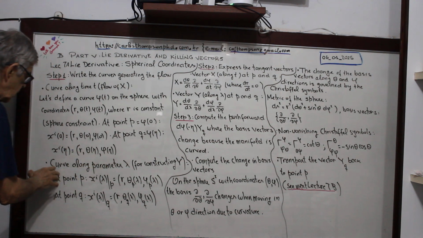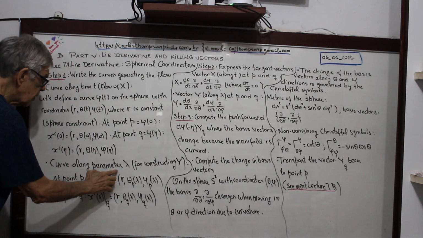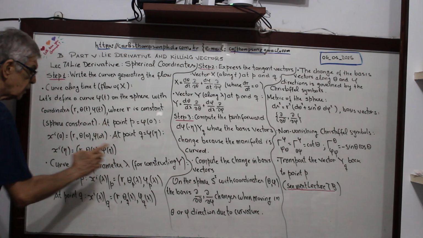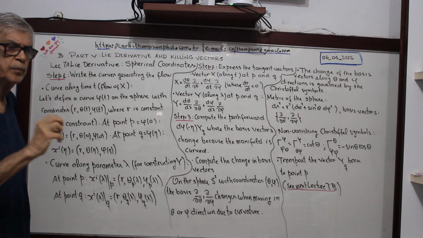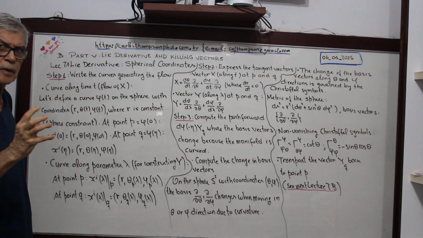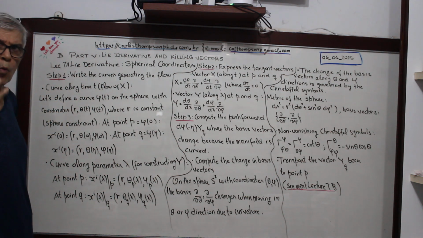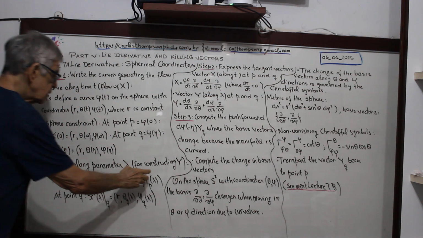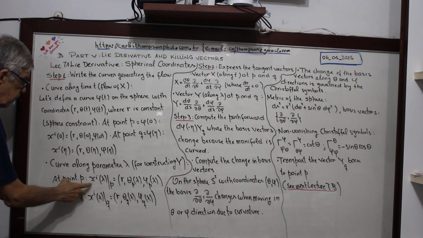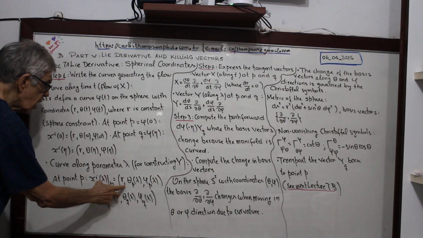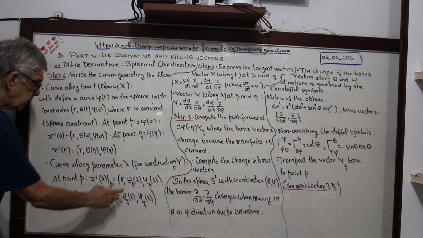So first, the curve along parameter lambda. Do you remember that here we have a parameter t and a parameter lambda, which leads to the tangent vector capital Y. This is constructing Y. At point P, xi of lambda is r, theta_P of lambda and phi_P of lambda.